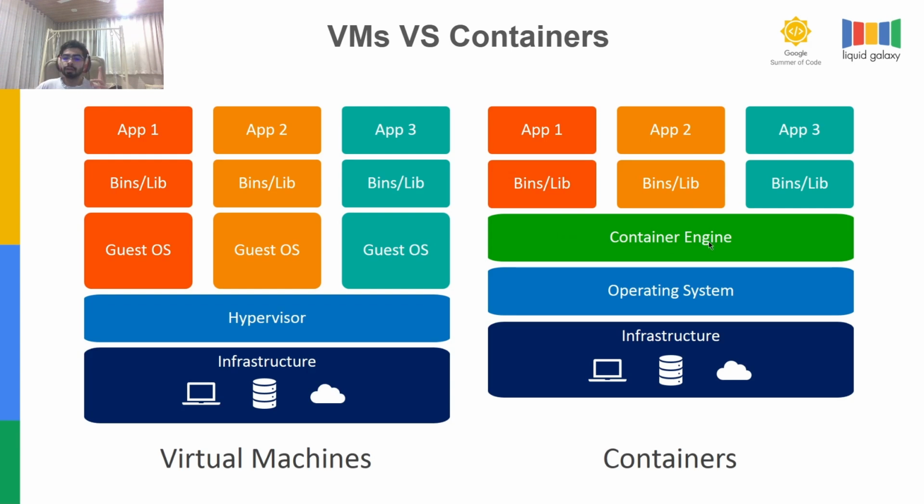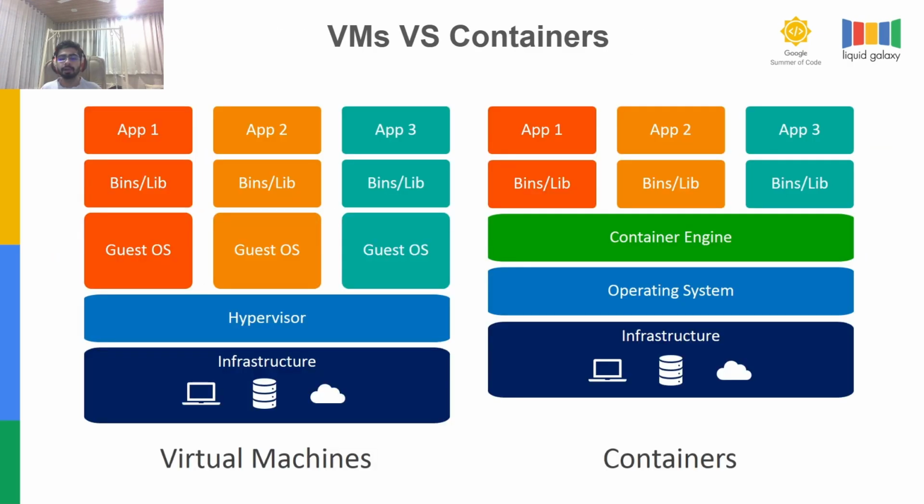And the container engine, here you can again consider Docker engine, does things similar to a hypervisor, but it is using your host operating system itself. I have Windows 11, so my Docker engine would use my Windows 11 and my actual hardware to perform any tasks that these containers request. In the case of a hypervisor, it would be the guest operating system that does all these things. So this is the difference between VMs and containers.